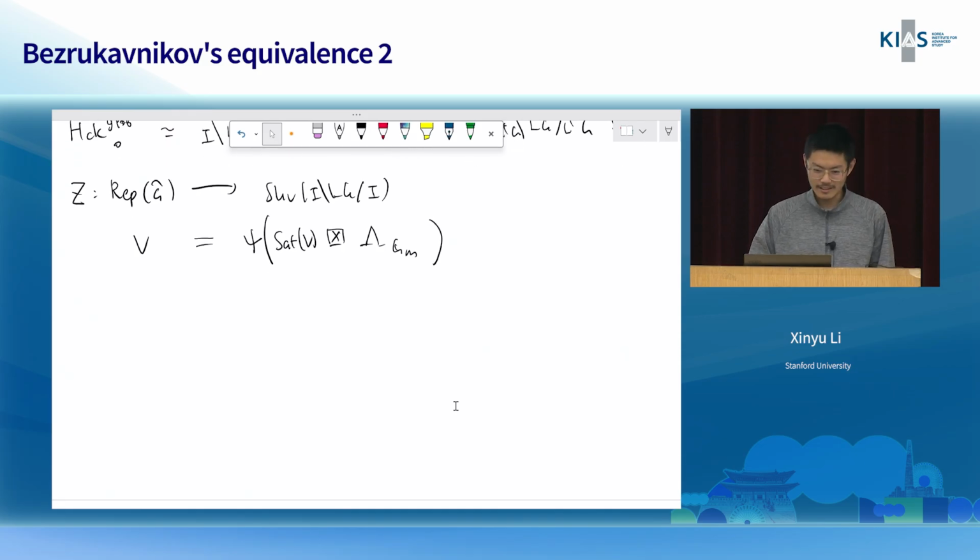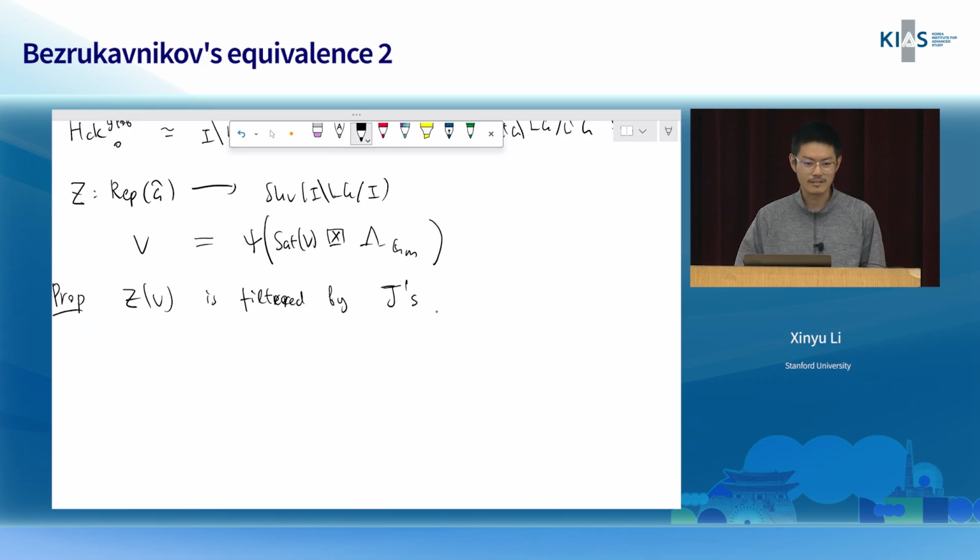Right. Okay, so some basic properties of this functor Z. Z(V) is filtered by the Wakimoto sheaves that were introduced yesterday. And this just categorifies the fact that the center is a subalgebra inside the translation part. So what is psi?